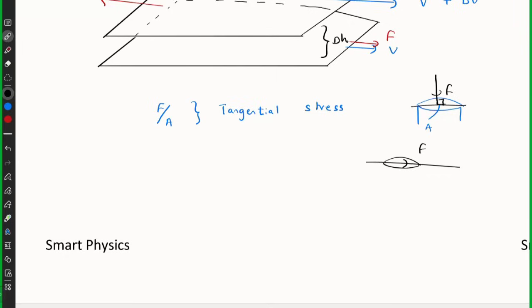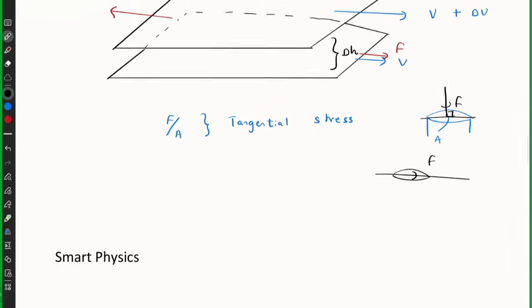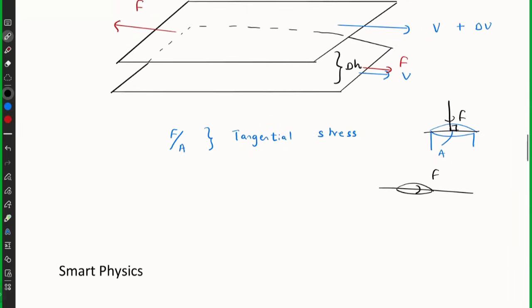So, the force is what? Along the area. And that's what we call tangential stress. And now we say that this tangential stress, F over A, is proportional to what? The velocity gradient.